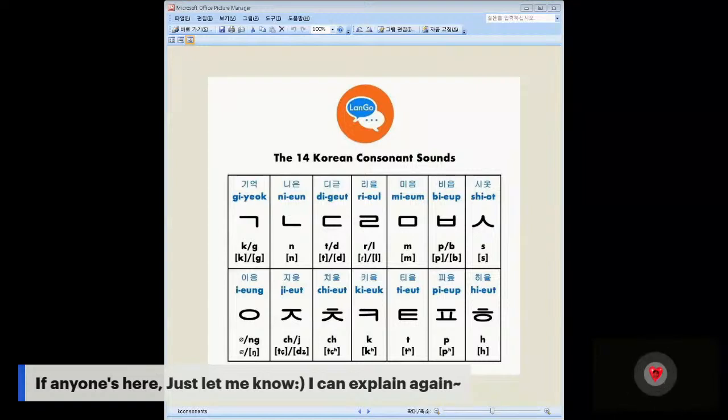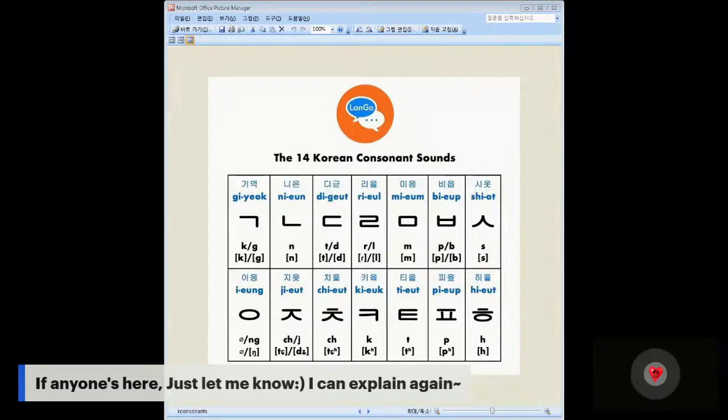So it may sound a little more like K, but actually there's a K sound here. 기역. This is a real K. But maybe it's also a little different from K exactly. So it's a little bit softer K, I guess. Soft K. That is 기역.